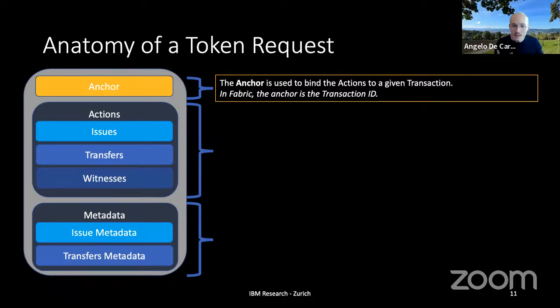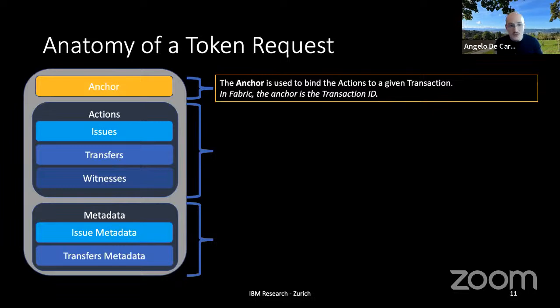Let's see the anatomy of this token request to understand what it contains. The token API speaks about the token request. So it knows how to manipulate this data structure. It doesn't know anything else, at least from the point of view of the token API.